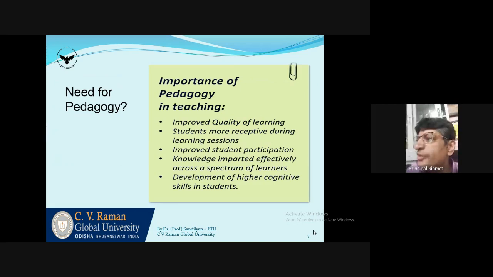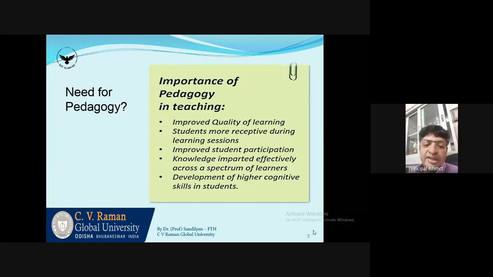Yeah. So what is the importance of pedagogy in teaching? As you can see, yes, there is an improved quality of learning. Students are more receptive, with more participation. The knowledge is imparted more effectively across a wider spectrum, with higher cognitive skills in students.